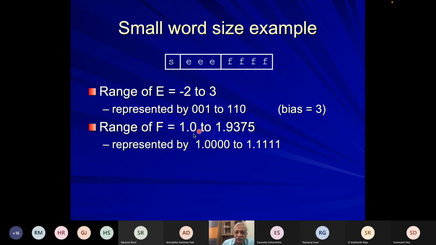The range of f is 1.0, meaning all zeros would mean 1.0 and all ones would mean 1.1111, which is 1.9375. The resolution is the last bit, which is 0.0625 times whatever the exponent is.